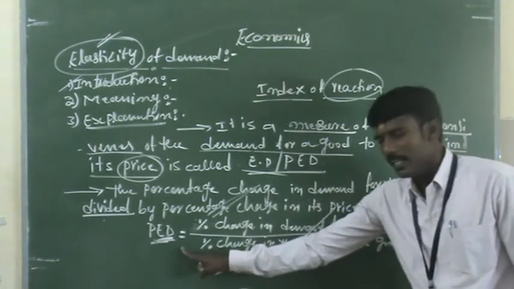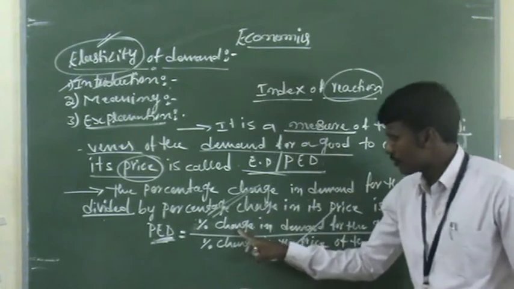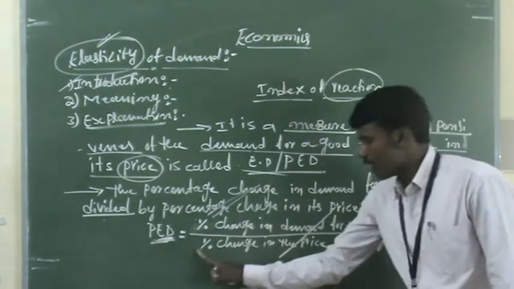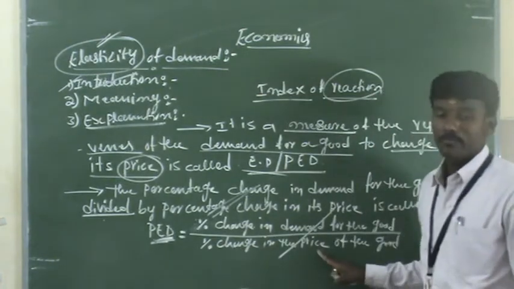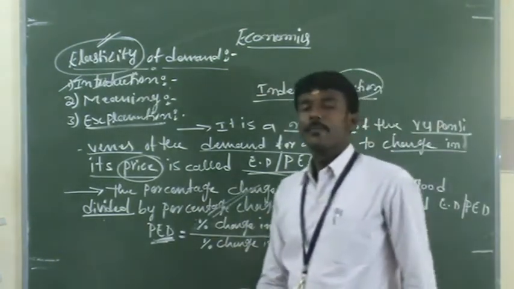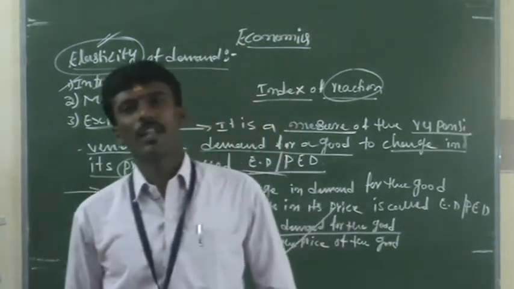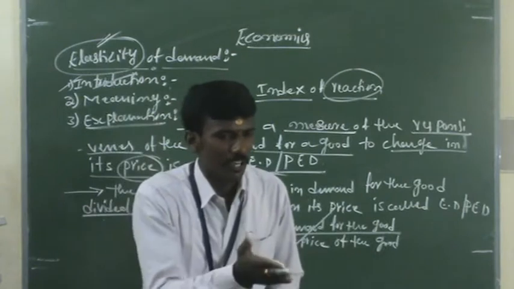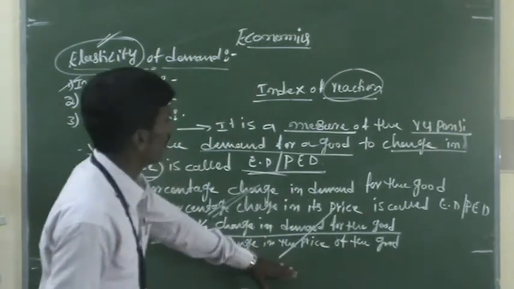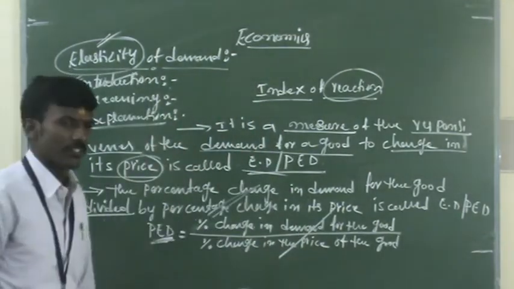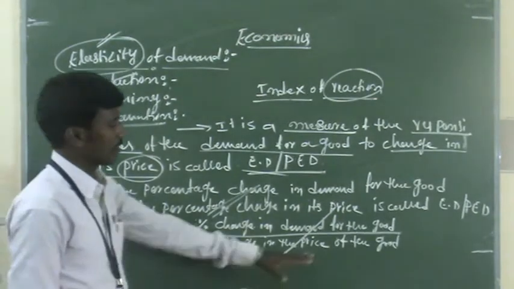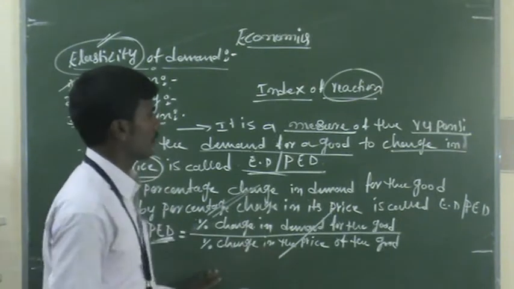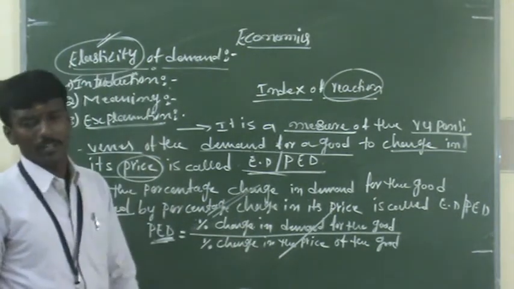We are going to write PED equals the percentage change in the demand for a good divided by the percentage change in the price of the good. ಈ ತರ ಬೇಡಿಕೆಯಲ್ಲಿ ಆಗ್ತಾ ಇರತಕ್ಕಂತ ಶೇಕಡಾವಾರು ಬದಲಾವಣೆಯನ್ನು ಬೆಲೆಯಲ್ಲಿ ಆಗ್ತಾ ಇರತಕ್ಕಂತ ಶೇಕಡಾವಾರು ಬದಲಾವಣೆಯಿಂದ ಭಾಗಿಸಿದಾಗ ನಮಗೆ ಎಲಾಸ್ಟಿಸಿಟಿ ಆಫ್ ಡಿಮ್ಯಾಂಡ್ ಅಥವಾ ಬೇಡಿಕೆ ಸ್ಥಿತಿಸ್ಥಾಪಕತ್ವ ಲಭ್ಯವಾಗುತ್ತೆ. So this is the equation representation.